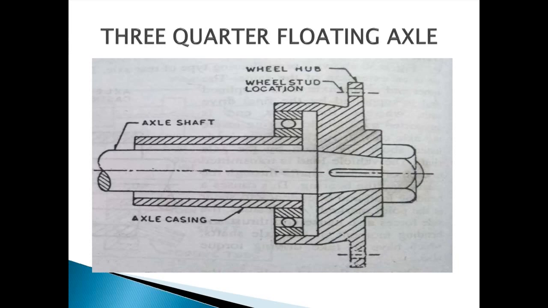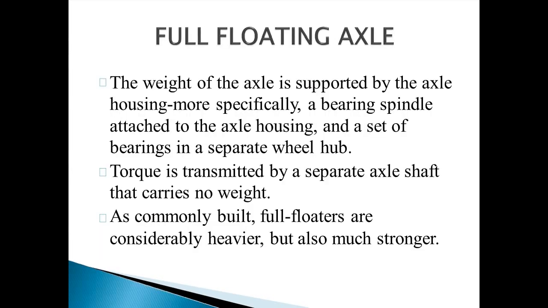Here the axle shaft has to take end loads and driving torque. It is not subjected to any bending and shearing action due to vehicle weight. The axle casing supports these two through the hub and bearings. This is the construction and need of the three-quarter floating type.